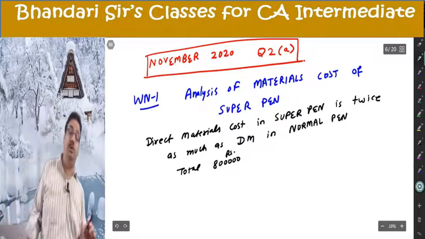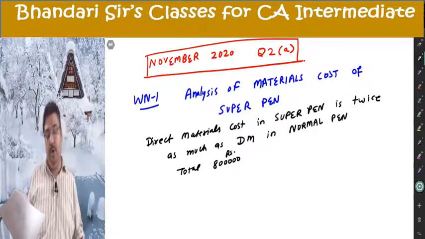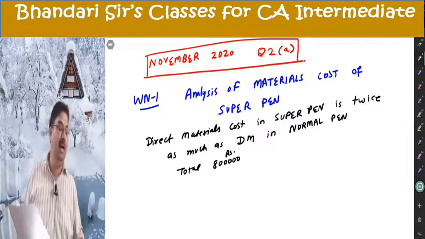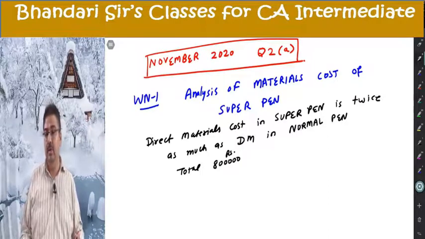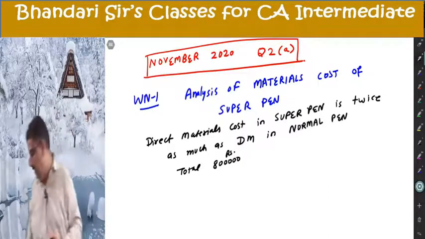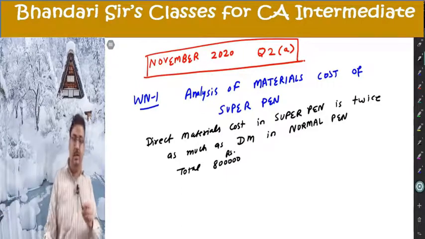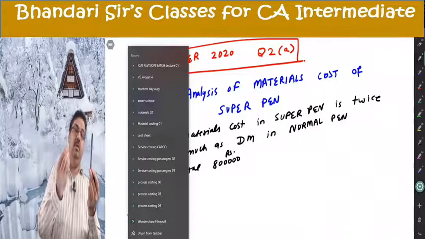Now what students do in exam, they put it in 2:1. 2/3 super pen, 1/3 normal pen. That is wrong. That is not correct. Let us say I am having two different types of pens. One is this purple pen, one is this green pen.